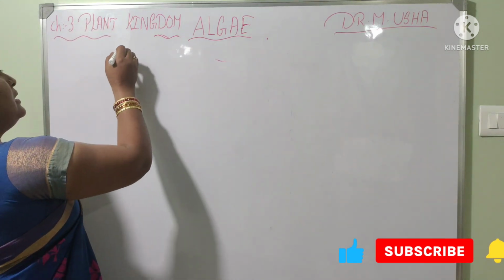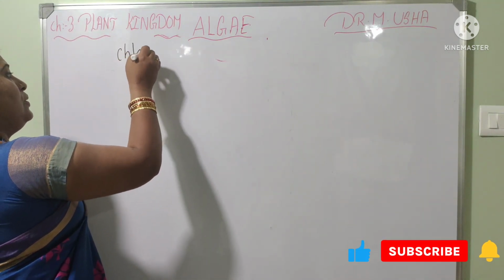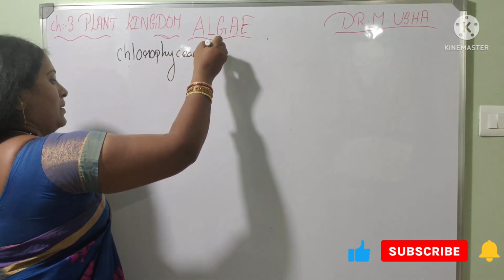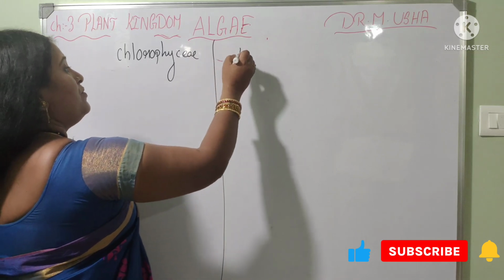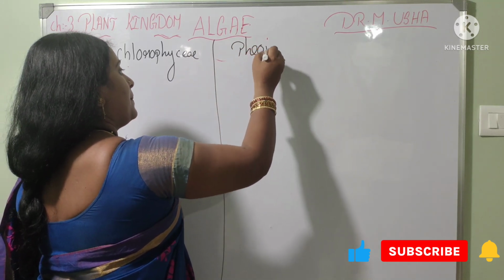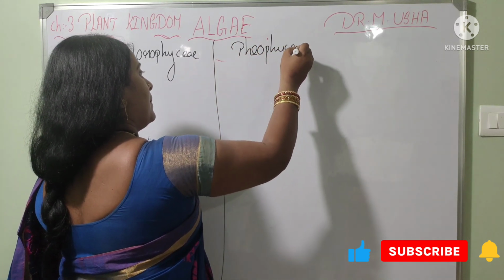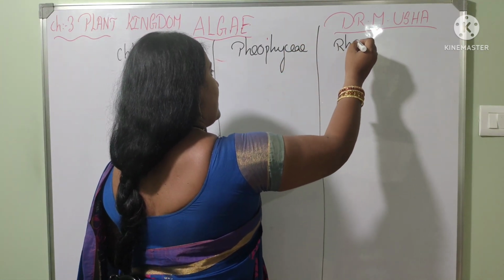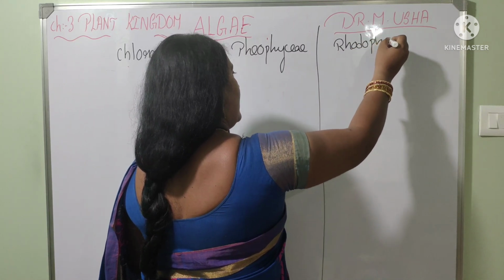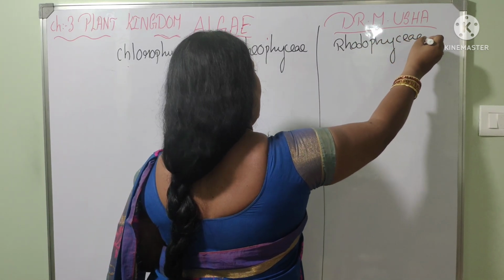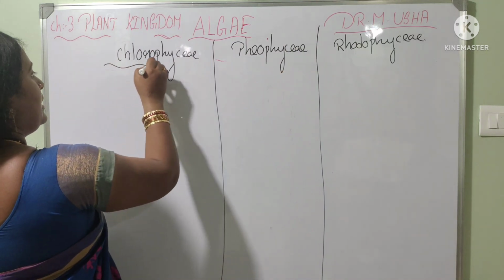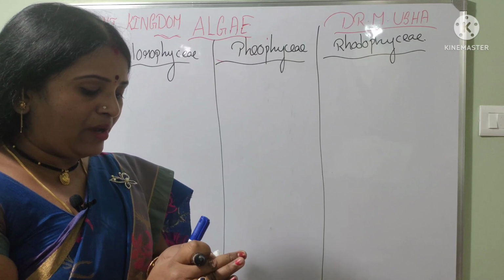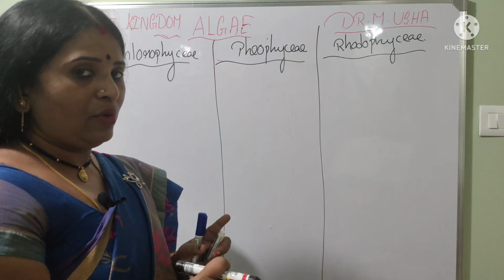Now, let's see chlorophyceae, the first class, phaeophyceae, rhodophyceae. How many classes are there? On the basis of the cell structure only, I am making one table for clarity and quick understanding of this topic.